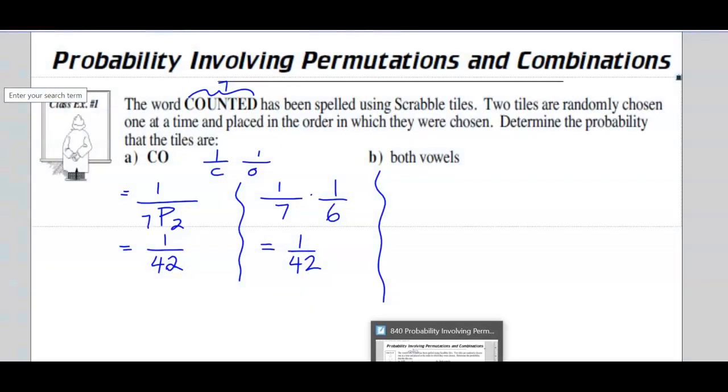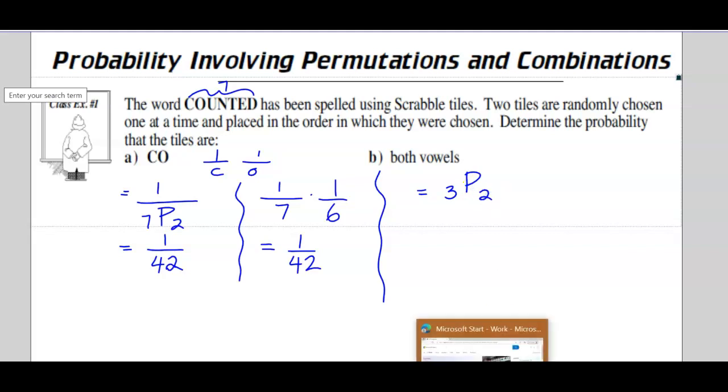All right. Both vowels. So take a look. We have 3 vowels. So arrangements of the 3 vowels. There's 2 out of the 3 vowels, so we're only choosing 2 tiles, and they both have to be vowels.